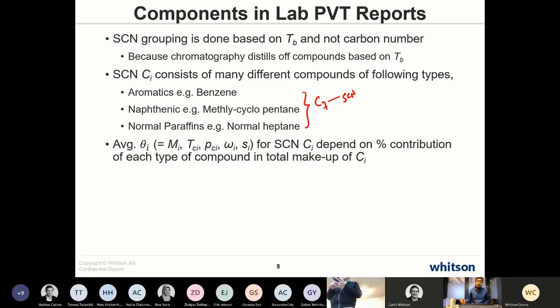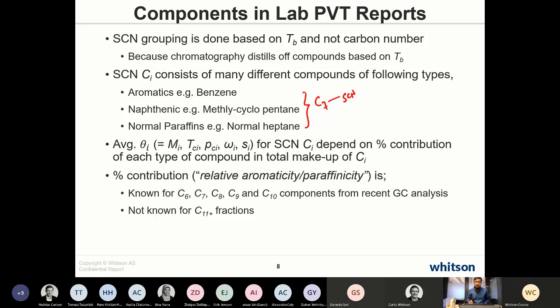So what is the relative percentage of benzene, for example, present in the total single carbon number compared to normal heptane. And that may vary from one field to another, one reservoir fluid to another. And that's the whole objective of the C7 plus characterization that we will go through tomorrow.